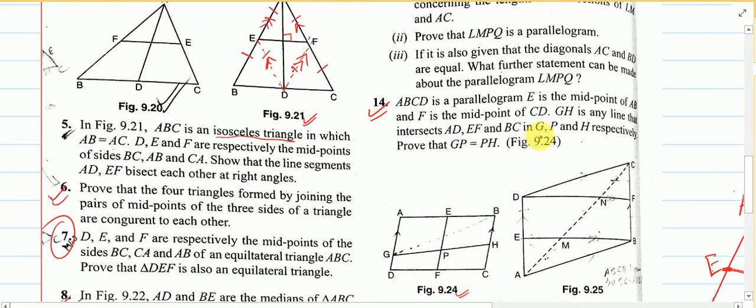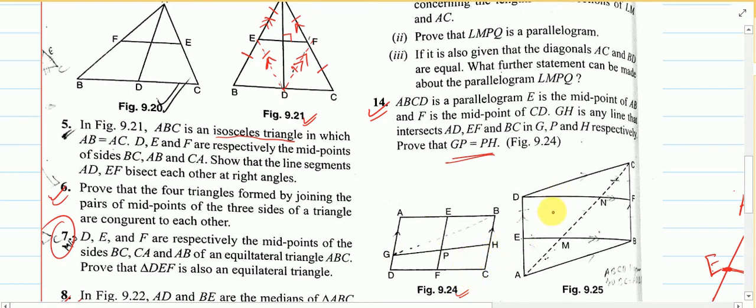Okay, and next it is saying that GH is any line that intersects AD, EF and BC in G, P, H. So here there is one line, you can see GPH, this is a line which intersects AD at G and EF at P and BC at H. Now they want us to show that GP is equal to PH.